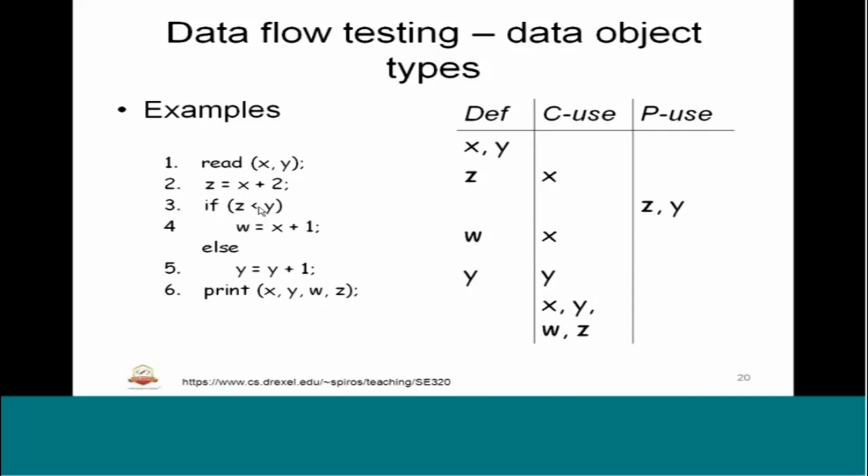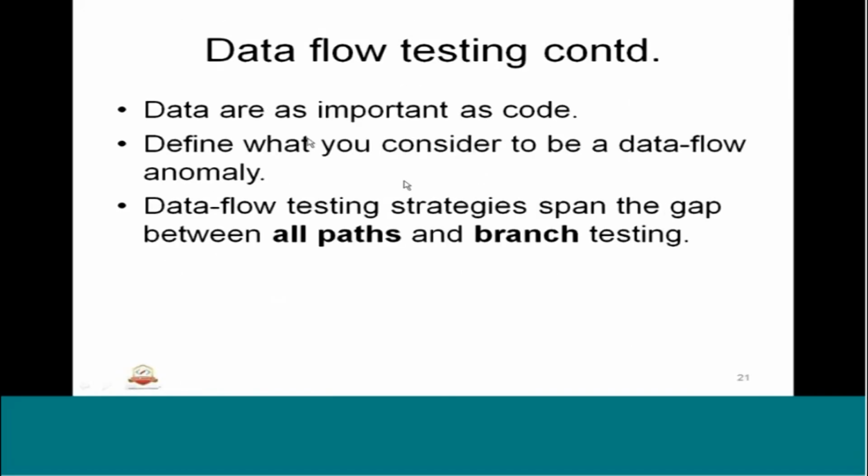These are the variables, data object types. All of these need to be verified in data flow testing. Data is as important as code, because having the implementation along with the data is as important to the flow of the program.